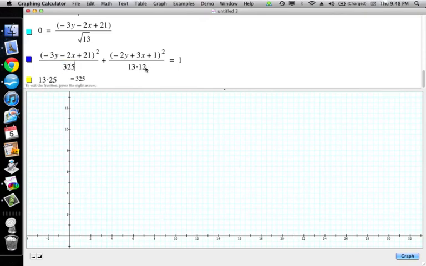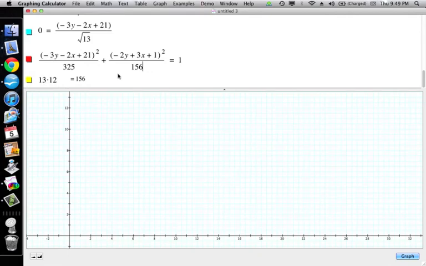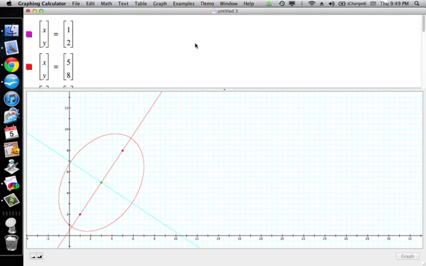And let's replace that by 156. And let's make it red. And there you go. So there's a second way to calculate an ellipse.